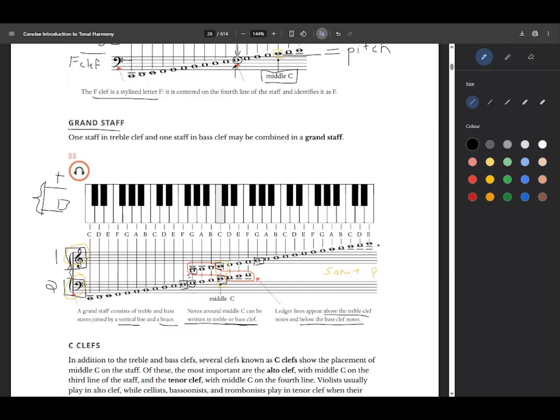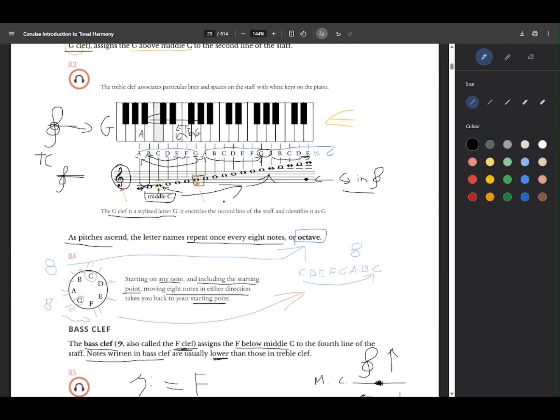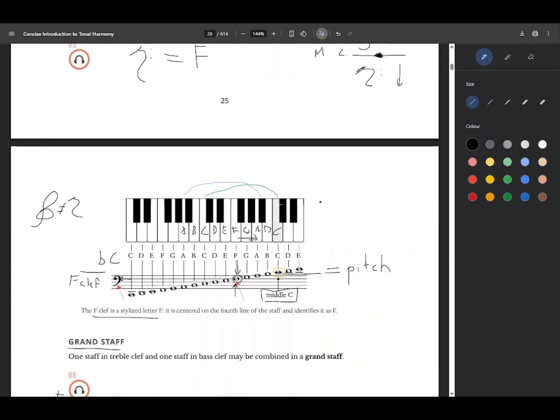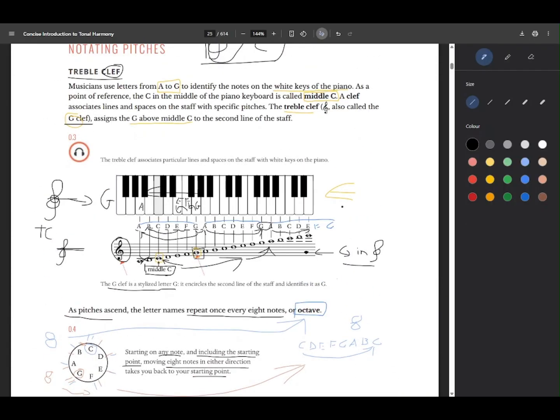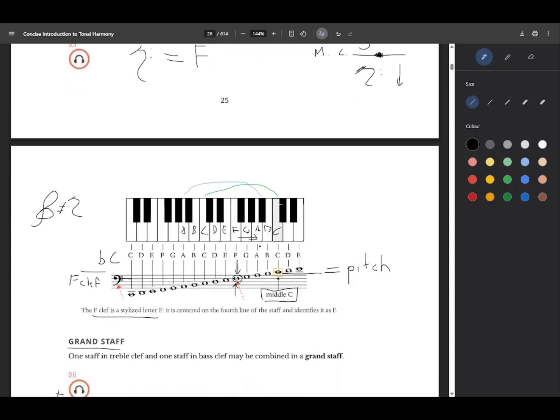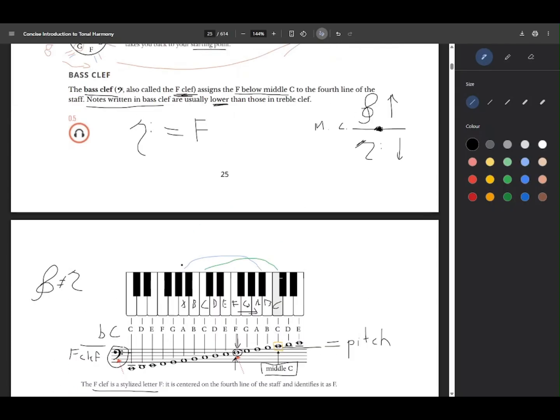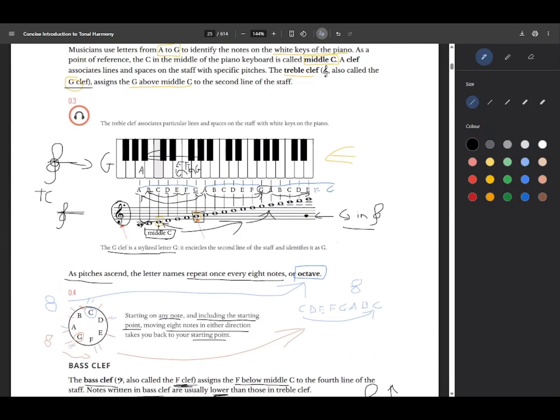So that's a lot to take in. Just know, as a recap, clefs are how we decide where to put the notes on the staff to represent pitches. There are many different clefs for our staves to represent many different pitches. Our lower pitches are going to end up in our bass clef, and our higher pitches are going to end up in our treble clef.